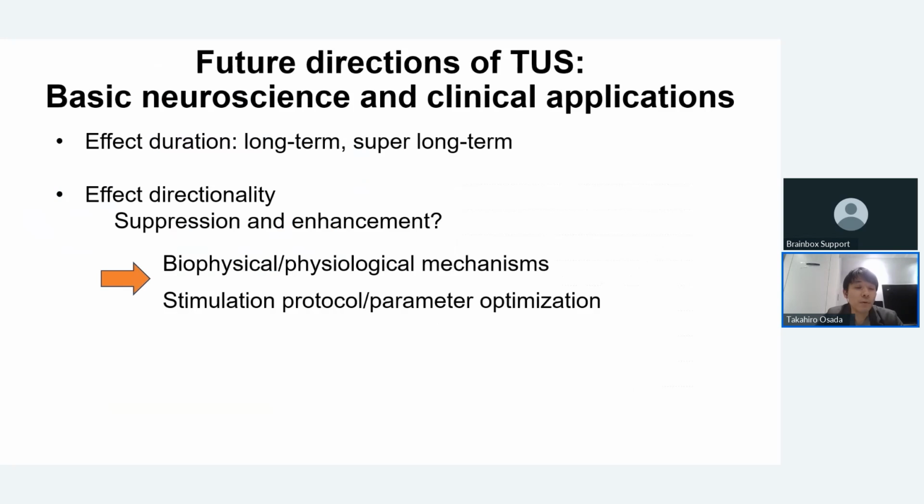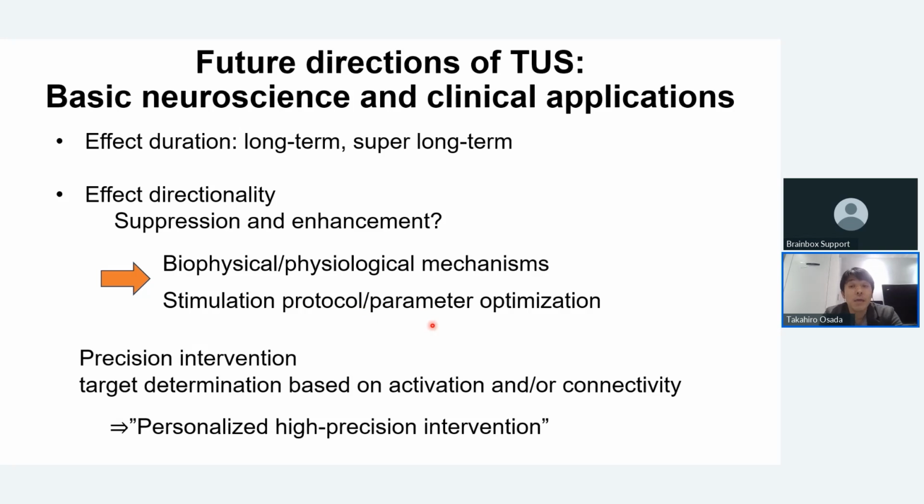So to fully utilize the power of TUS, we require a deeper understanding of the biophysical and physiological mechanisms of ultrasound neuromodulation. And of course, it is required to optimize the stimulation protocols and stimulation parameters.